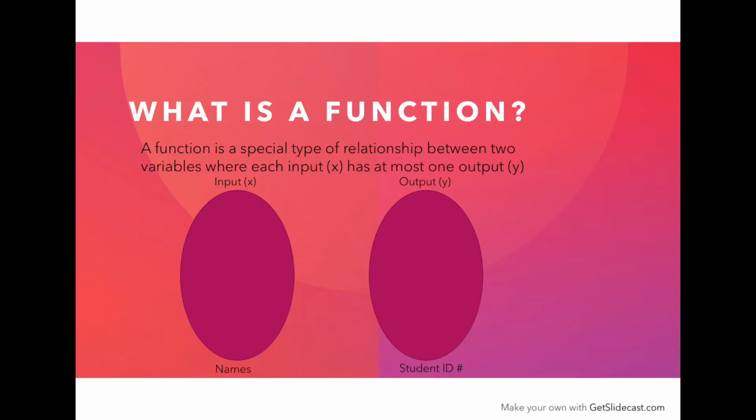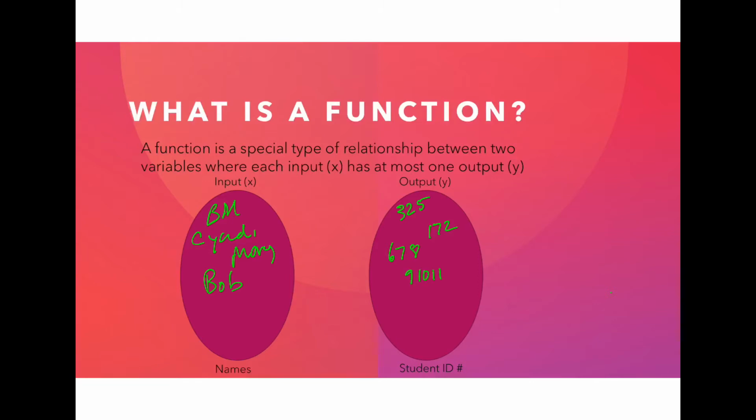Another example would be the same people, Bill, Cindy, Mary and Bob, and they have student IDs. I'm going to make these really short student IDs, like 325, 172, 678, and 9, 10, 11.